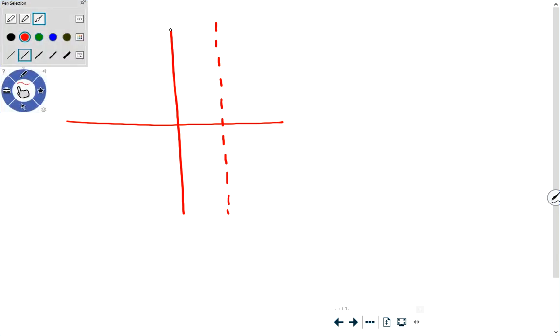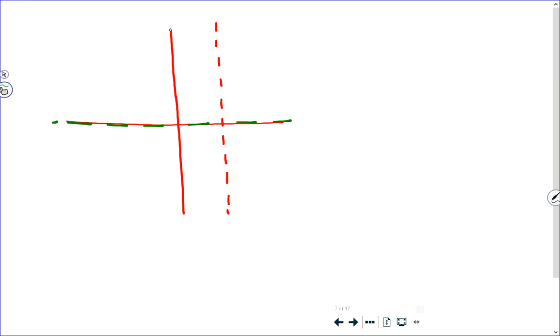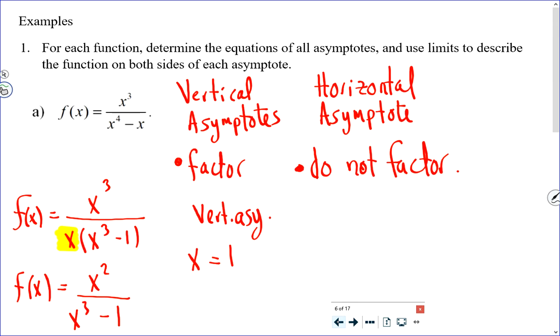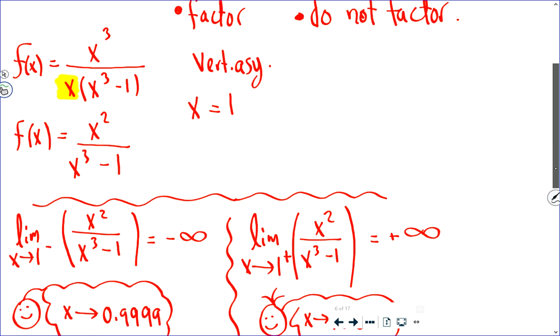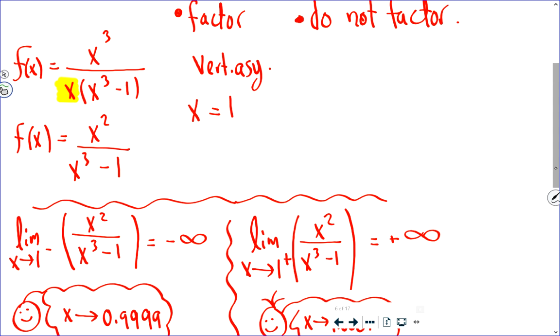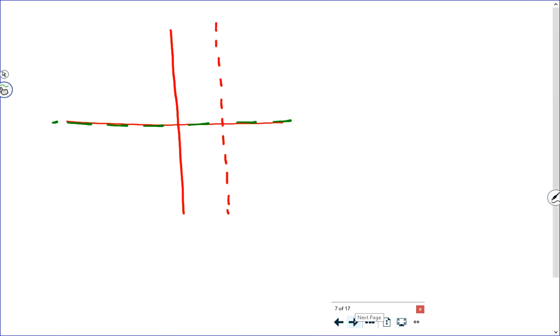At y equals 0, we have a horizontal asymptote. We've decided that as x approaches 1 from the left, and I need to actually go back and look at it, as x approaches 1 from the left, the function approaches negative infinity, which means all we know is the graph goes down here and up there, and it must be asymptotic here and here.